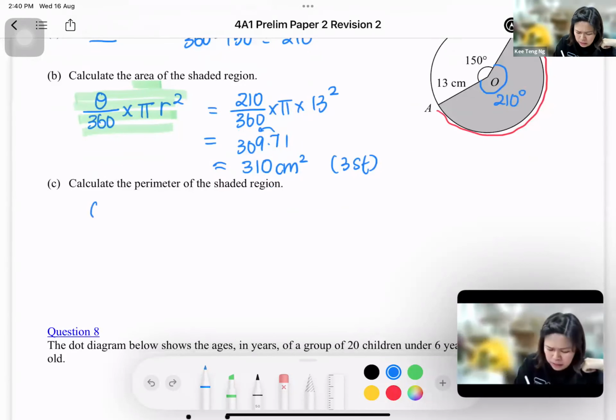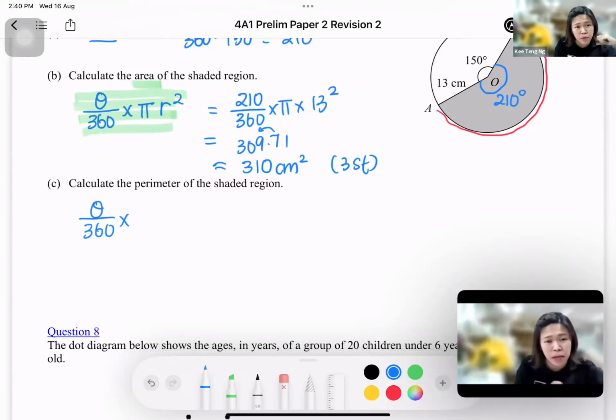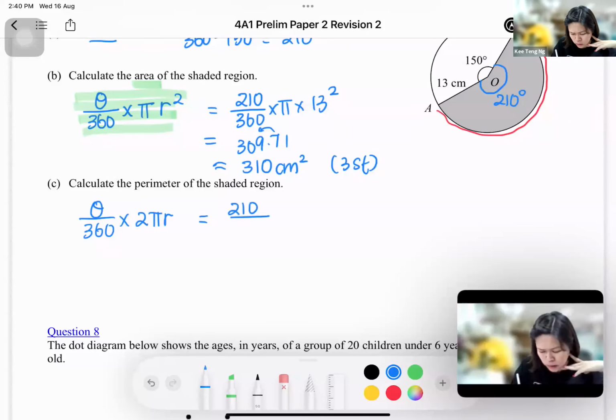The formula for arc length is theta out of 360 times circumference, 2 pi r. And you want the shaded region, so make sure you remember to use 210 out of 360 times 2 times pi times the radius 13.